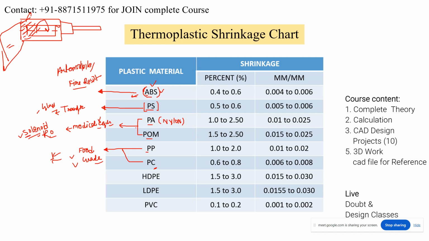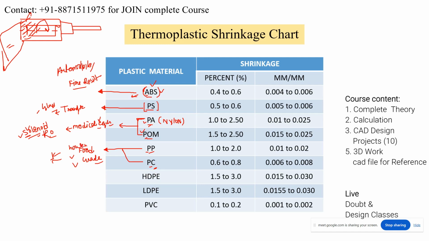So where we have to use this type of material for preparing the component of the solenoid valve, we have to use POM or PA material, right? So every material has a specific use depending upon its properties, right?